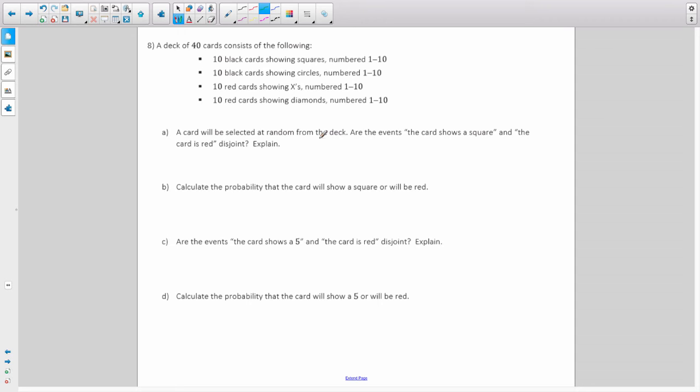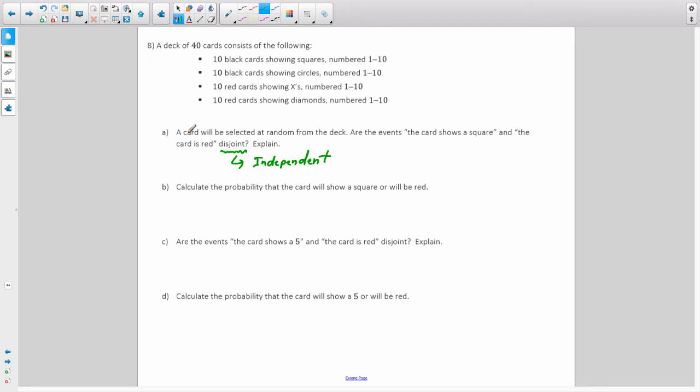Are the events card shows a square and card is red disjoint? Disjoint is jumping. Okay, this means independent. That's just a really fancy way, like super fancy. The pinkies are out at this point. Independent. Perfect. So disjoint just means independent of each other, and I think you're pretty comfortable with what that means at this point, going through the video.